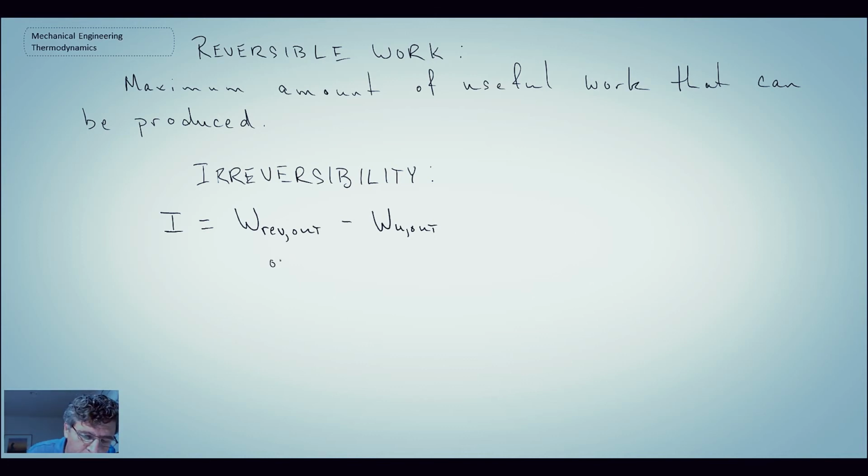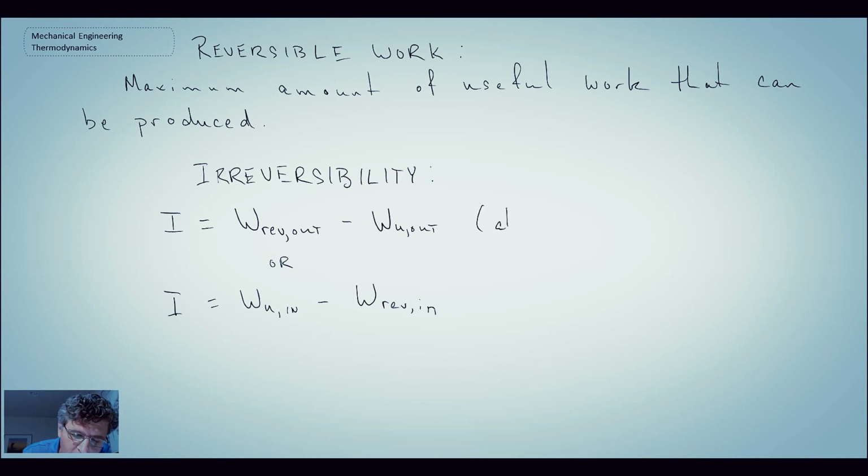Or you can have irreversibility expressed as useful work in minus reversible work in. And reversible work in on a device that you're doing work on, such as a pump or a compressor, is always going to be less than the useful work that you're actually putting in. And consequently, this will always be positive as well.